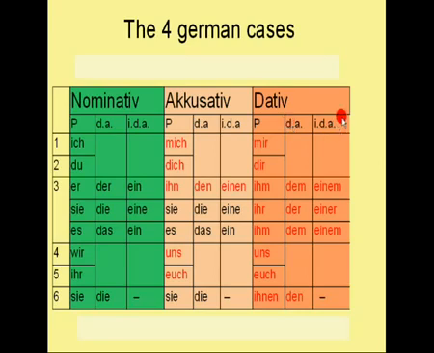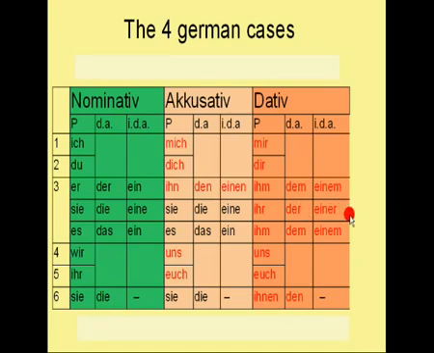So, for instance, if a masculine noun is the indirect object of a sentence, and therefore is in the dative case, it has the definite article dem and the indefinite article einem. If a female noun is the indirect object of a sentence, it has the definite article der and the indefinite article einer.